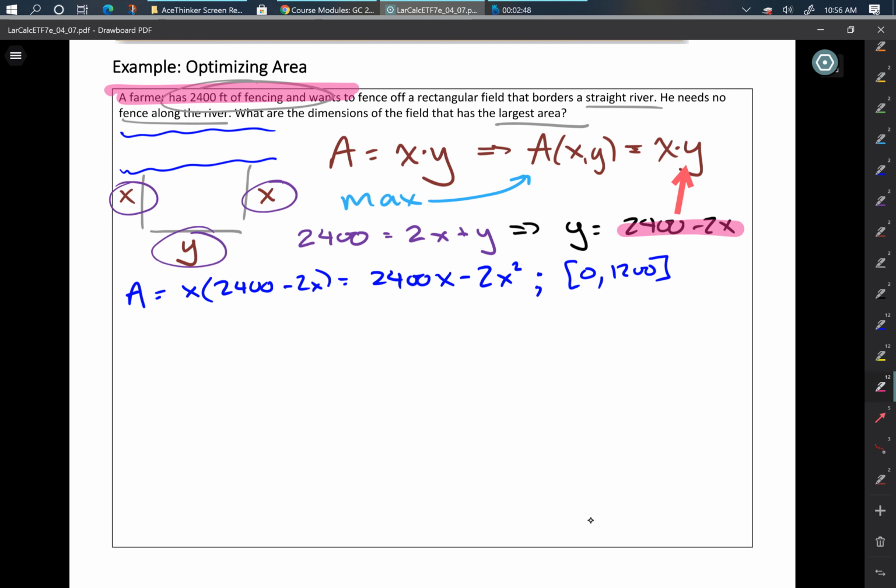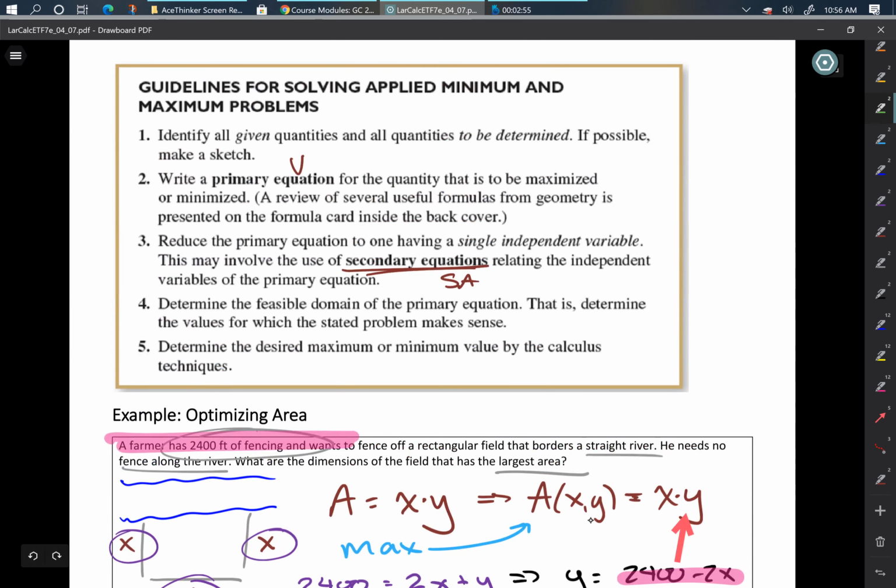All right. Now that I've got the first part of this done, let's take a look at what we wrote here. We identified all the given quantities and made our picture. That was the x's and y's in the picture. We wrote a primary equation. That was our area equation. But we recognized that it had an issue, that it has two variables, and we can only have one variable.